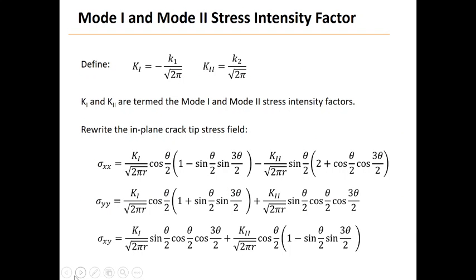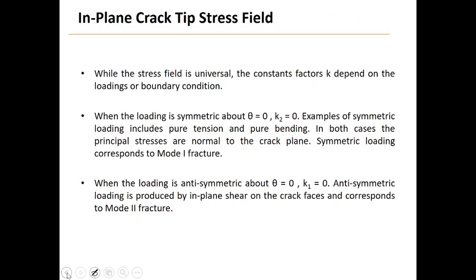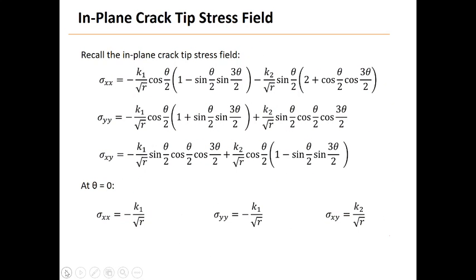So let's first of all look at the in-plane modes, mode 1 and mode 2. Think about the consequence of having a mode 1 fracture. In the case of mode 1 fracture, K2 is 0.